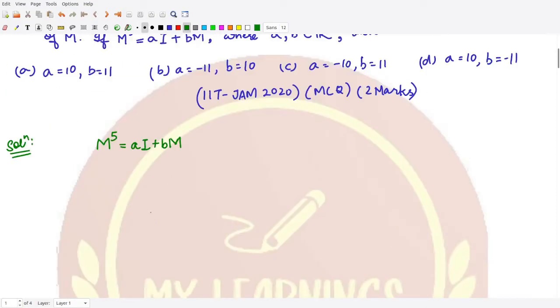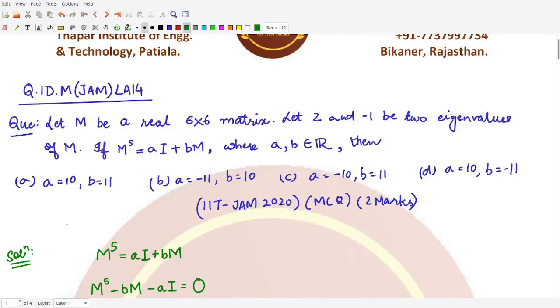Now you could write this polynomial as M to the power 5 minus B times the matrix M minus A times the identity matrix, that is equal to the 0 matrix, right? This is the given polynomial in M. Now we could just substitute the eigenvalues that are given to us.